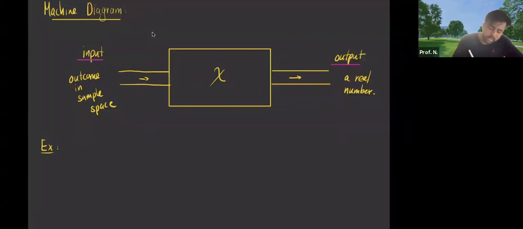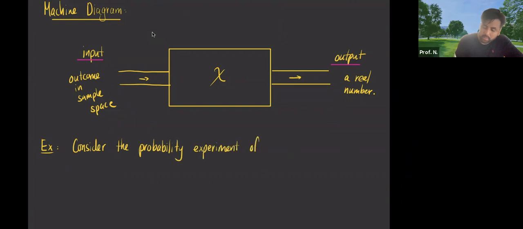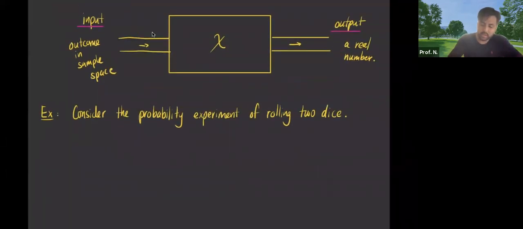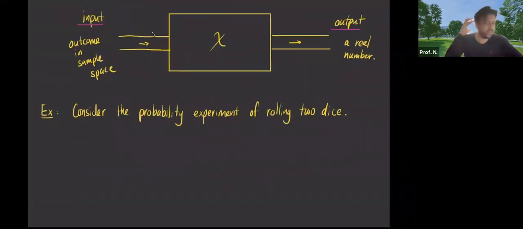Consider the probability experiment of rolling 2 dice. We've seen this several times now, and I hope everyone has a good reaction to it and knows exactly where I'm going with this.